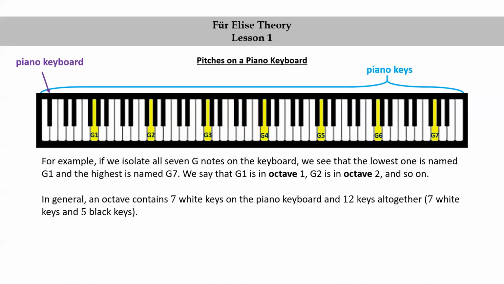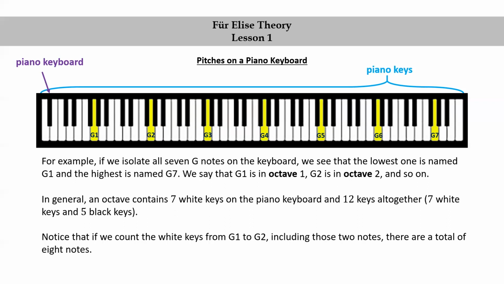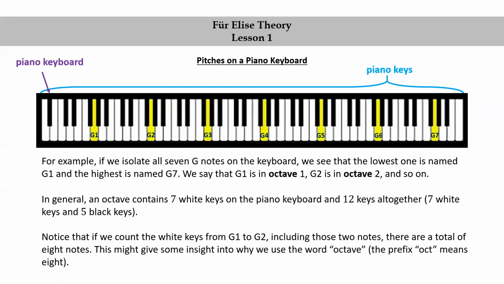In general, an octave contains 7 white keys on the piano keyboard and 12 keys altogether, 7 white and 5 black. Notice that if we count the white keys from G1 to G2, including those 2 notes, there are a total of 8 notes. This might give some insight into why we use the word octave. After all, the prefix oct means 8.